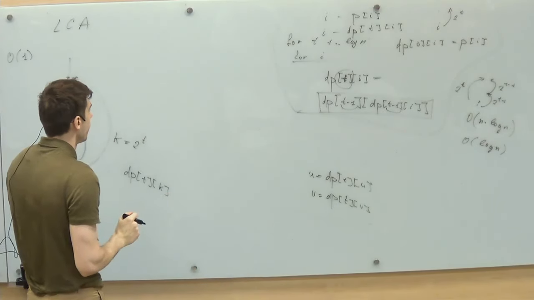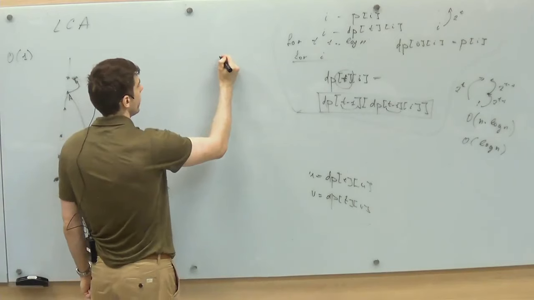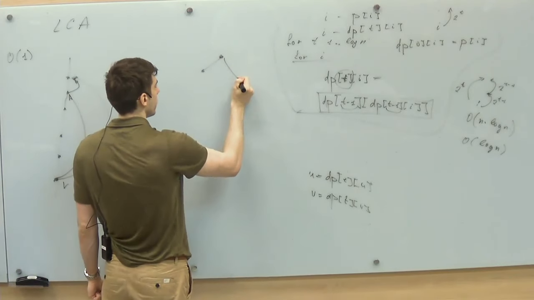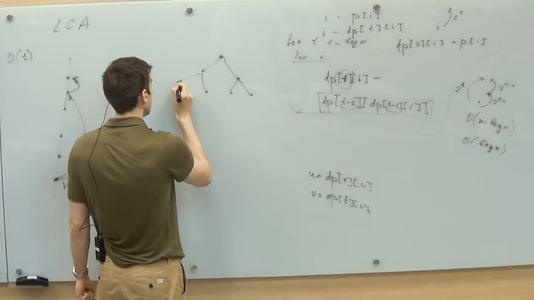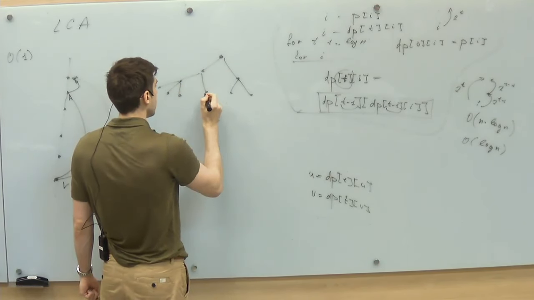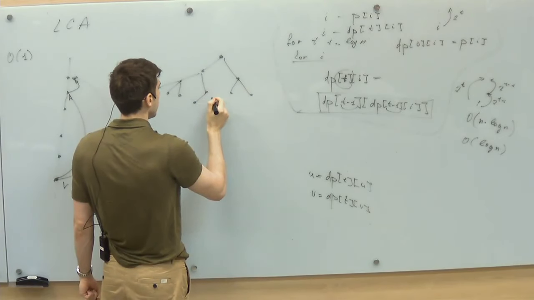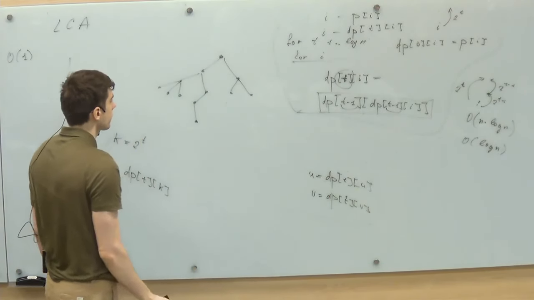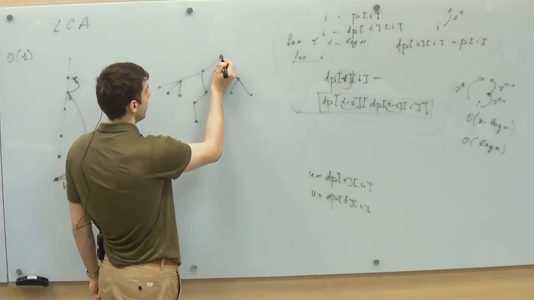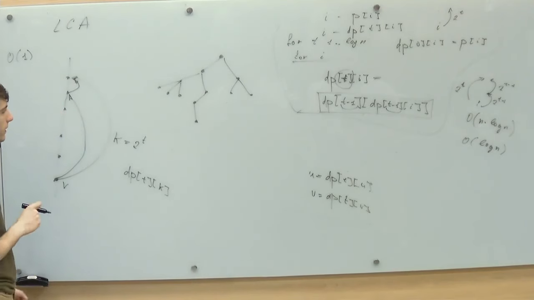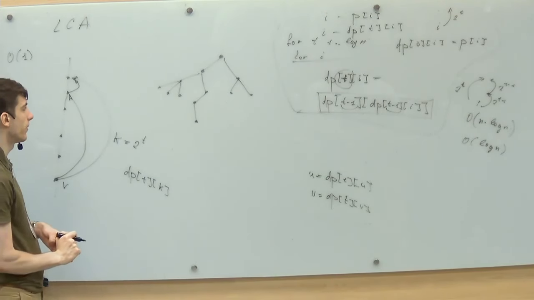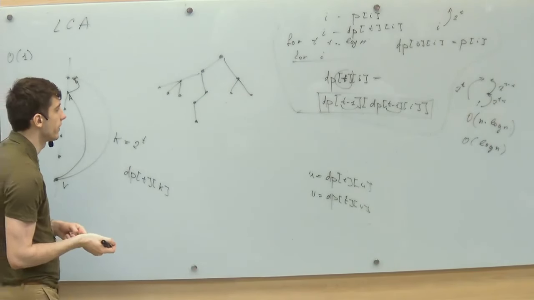So let's split our tree in the following way. Let's consider we have some tree. We will now split our tree into paths. If someone is familiar with the heavy-light tree decomposition, here we'll have a similar approach, but for a different result.